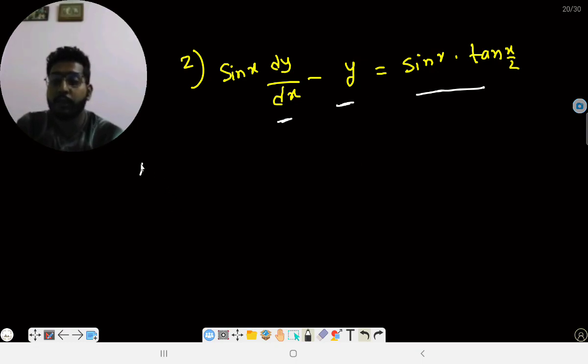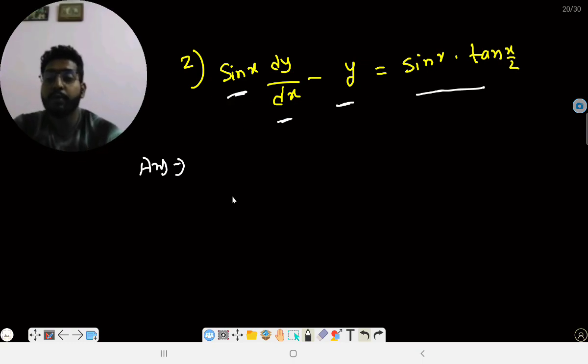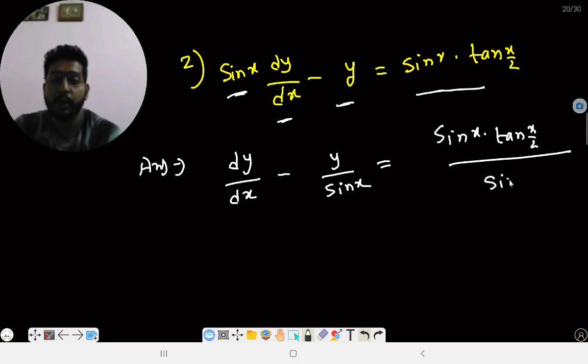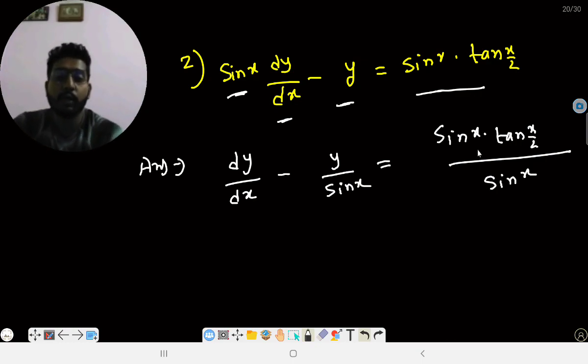How to make it a linear differential equation? Look, in a linear differential equation the coefficient of dy by dx is 1, but here it is sin x. So I am dividing by sin x on both sides.